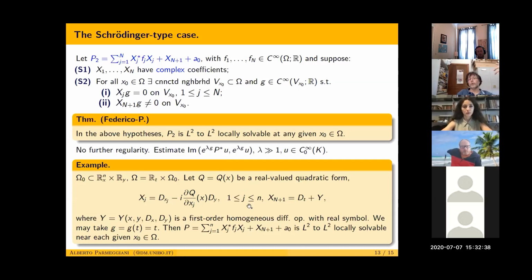An example may be given by considering this kind of Mizohata structure, okay? Q are real quadratic forms, real valued, of course, and then we take a pair to X_{n+1} of this kind here. So in a sense, we have g of t equal t.